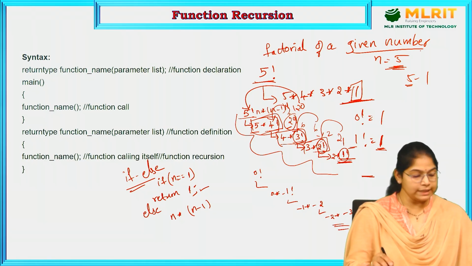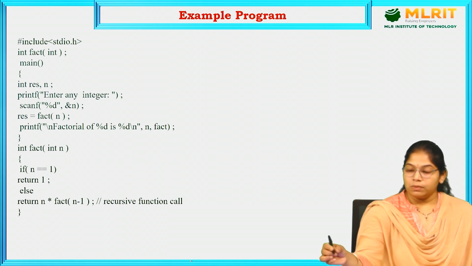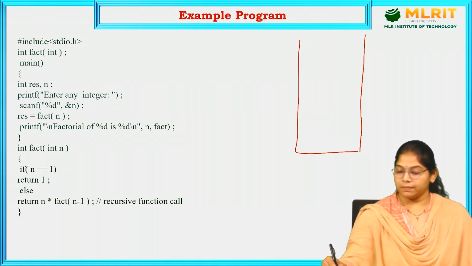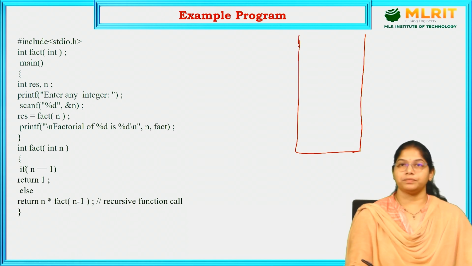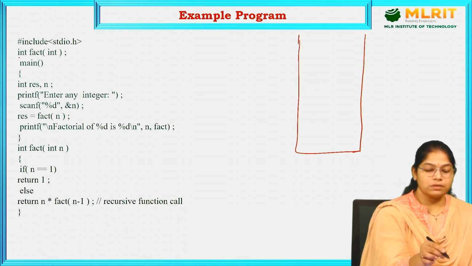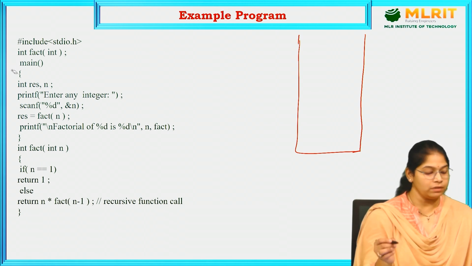So, let's see the same problem statement with an example. Consider a stack frame. This is a memory layout. Always the execution starts from main. First, we have to declare a function.